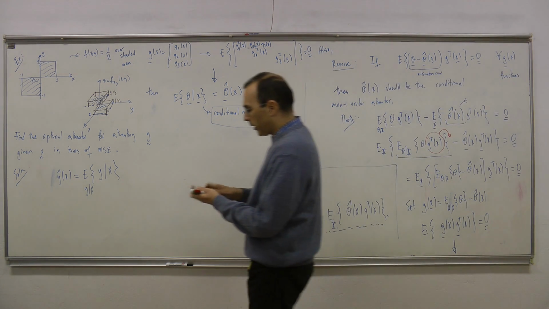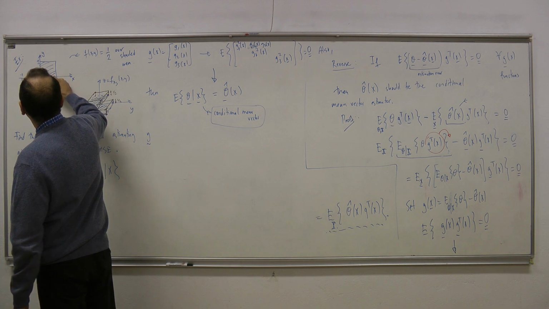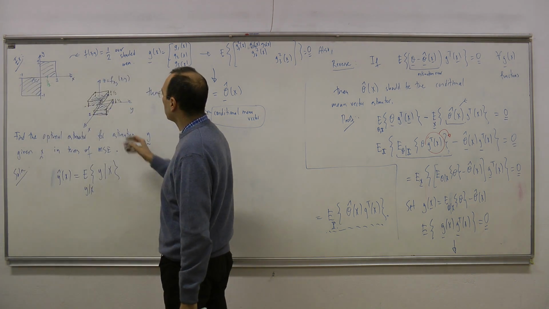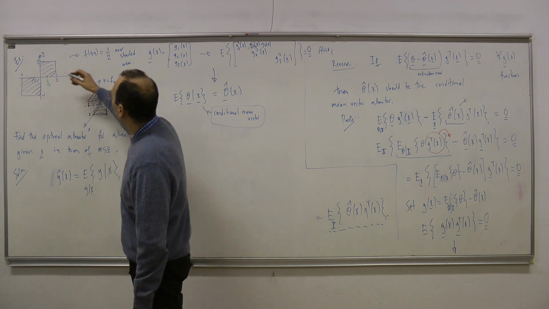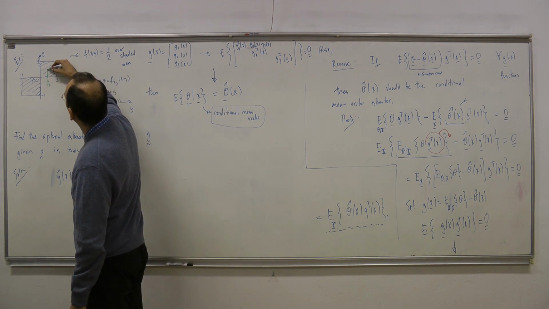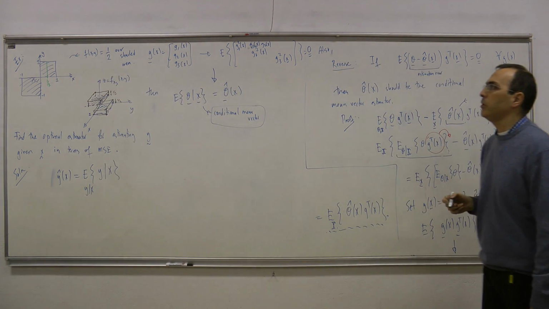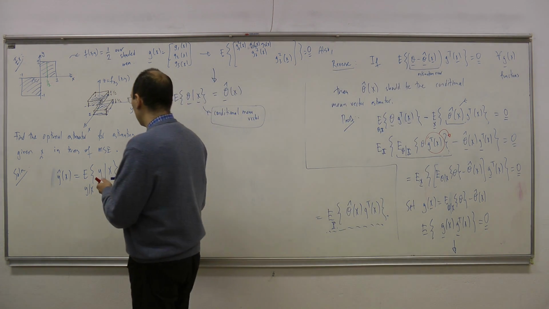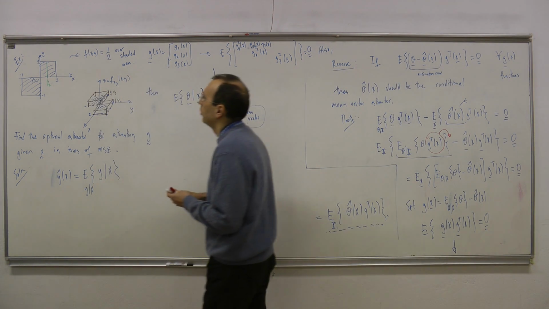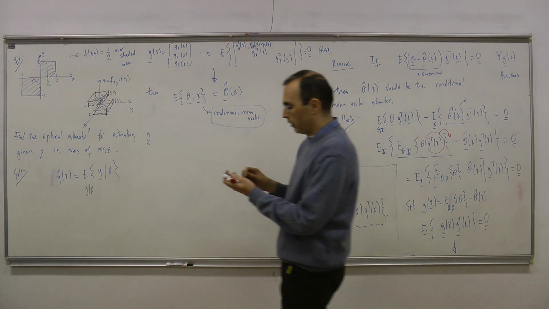Well, let's assume that my x is equal to something like 1/2. If x is 1/2, maybe somewhere over here, then what are the possible values for y? I should calculate the conditional probability, obviously, and calculate the mean value of that conditional distribution when x is equal to 1/2.